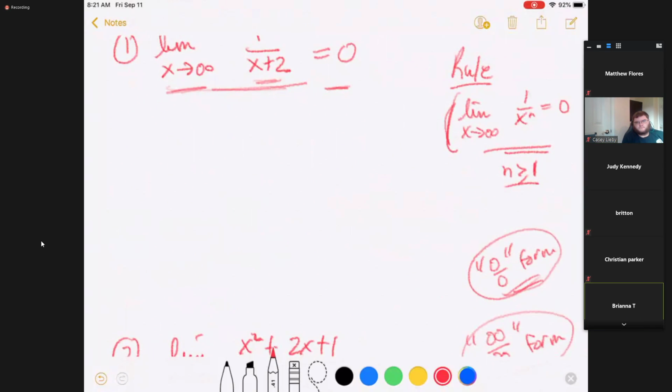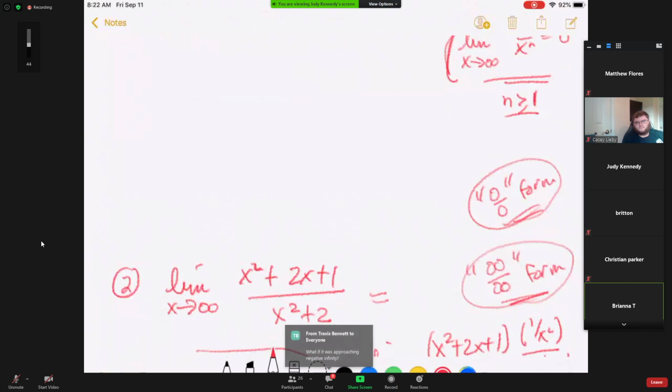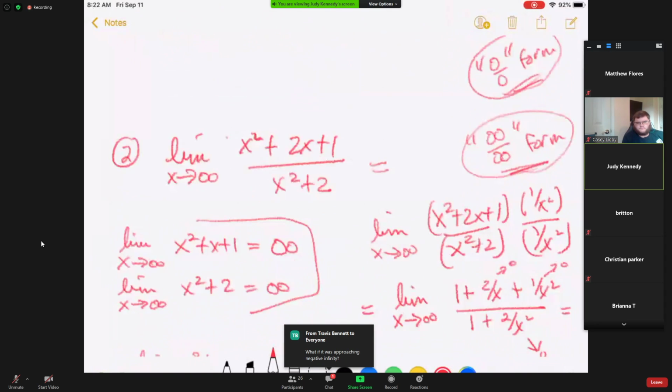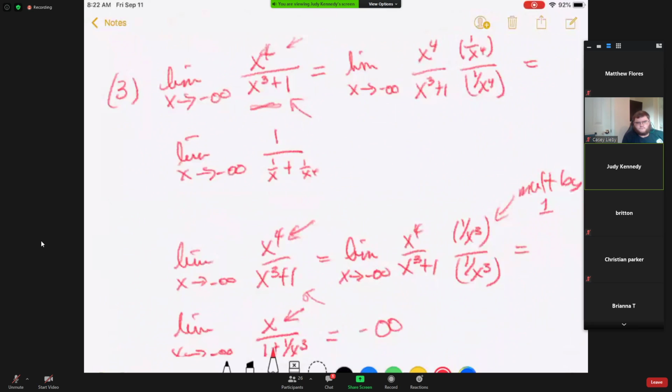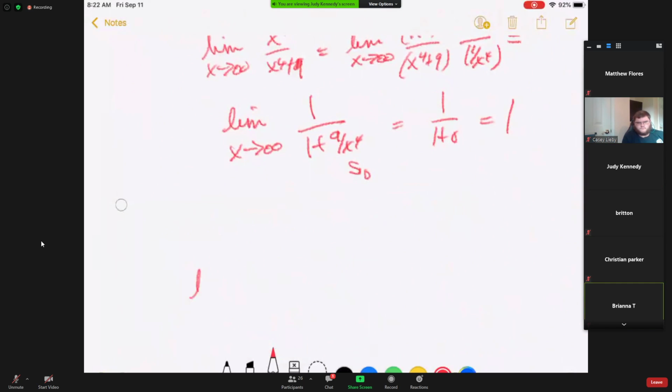I have a question. Is there ever going to be a case where the limit doesn't equal 1, 0, or infinity? Oh, yeah. Okay, so, what if I had... And we're mostly just talking about polynomials or things you can convert into polynomials.